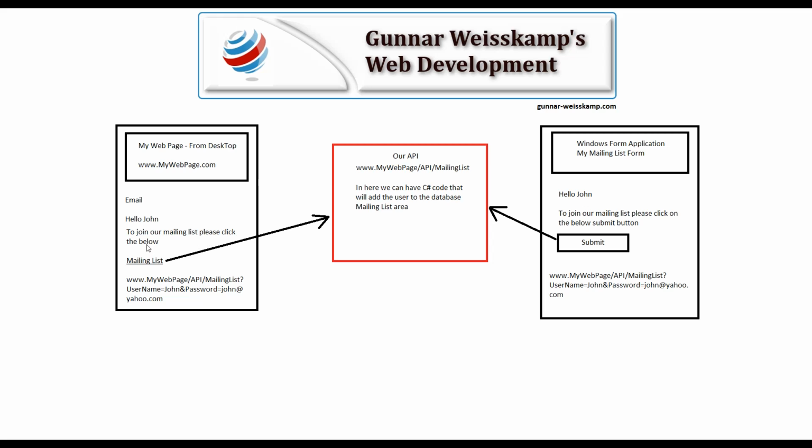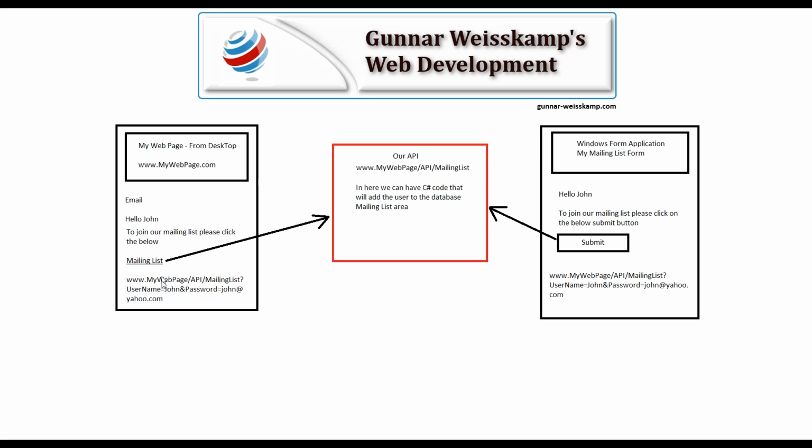This is a typical good use of a Web API, because once you click on this mailing list thing down here, underneath that link you'll have this other link, and as you can see, this link is calling an API area. It's going to go in the mailing list area, and what it's passing there is the username, which is John, and their password on that website as well.